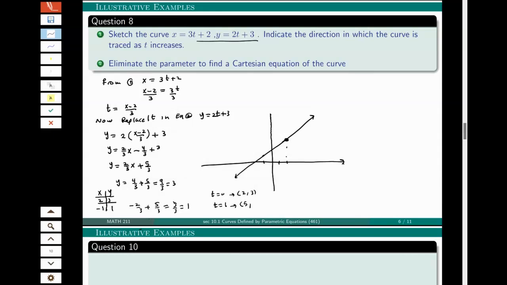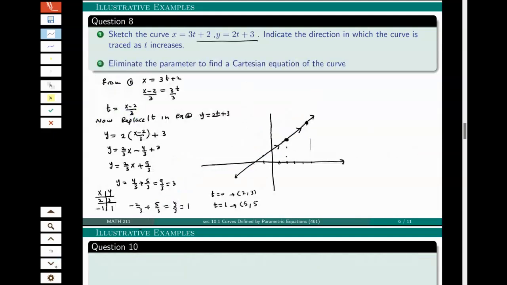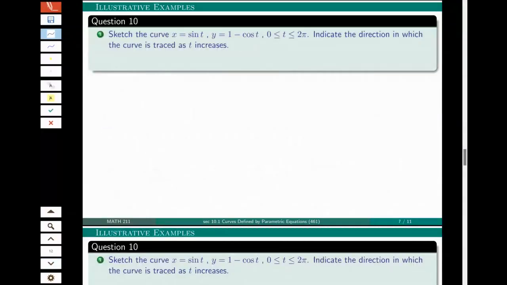So 1, 2, 3, 4, 5, and 5. So we could know now the direction is that direction. So here we have two methods to sketch the graph, either the normal plotting by points, selecting values of t, or we change it to the Cartesian system, then we sketch the graph.